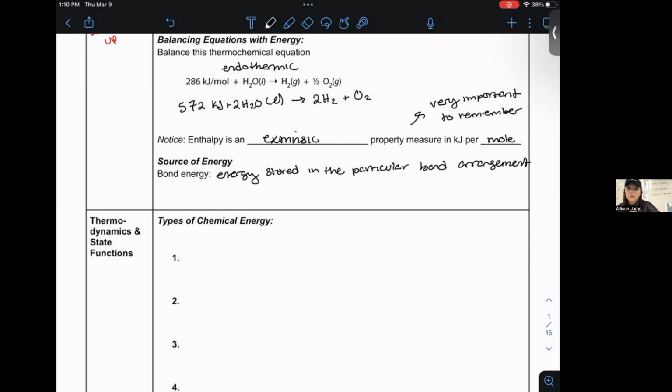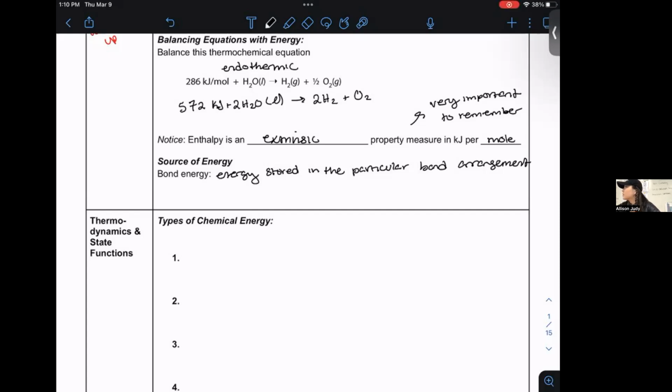Why exactly does enthalpy increase when you add energy to bonds rather than the other way? As in, if enthalpy is an extrinsic property measuring outside factors, why does it increase when you increase the amount of energy stored within it? Well, it's not measuring outside factors. Extrinsic just means it's dependent on the amount present. It's not external factors.